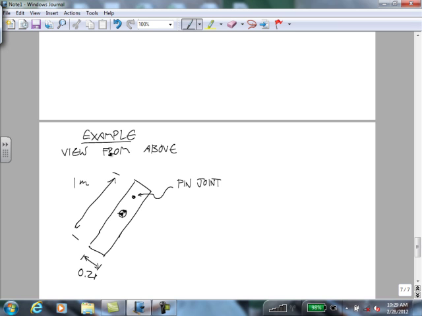The whole thing has a length of 1 meter. This is at the midpoint. This is half of the way between the midpoint and the end. This distance is 0.2 meters. And let's say that this plank has a mass of 30 kilograms.